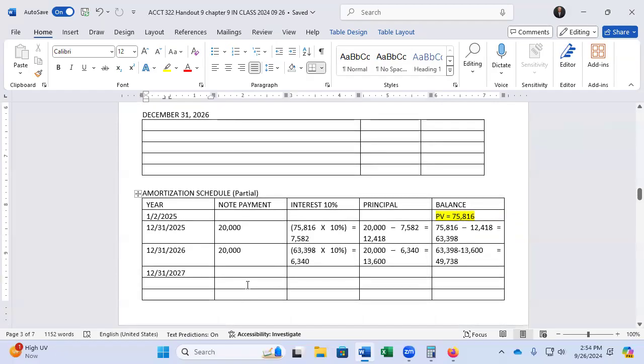Okay, so let's jump into this one. If we made a $20,000 note payment at the end of 2027, we'd have interest expense 49,738 times 10%. And what would they be? 4,974? About right? Excellent. So now we take the 20,000 because we want to find out how much is going to be applied to the principal, and we subtract the 4,974 that's going to interest. So is that 15,026?